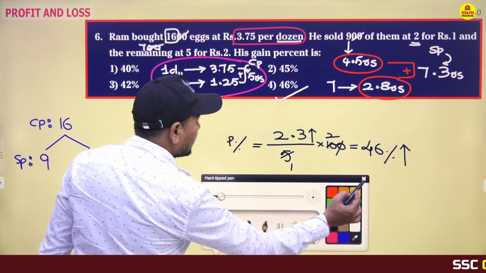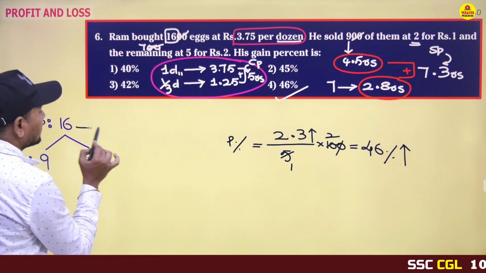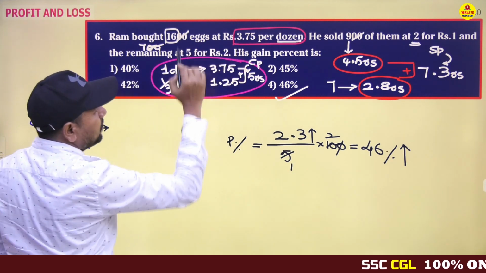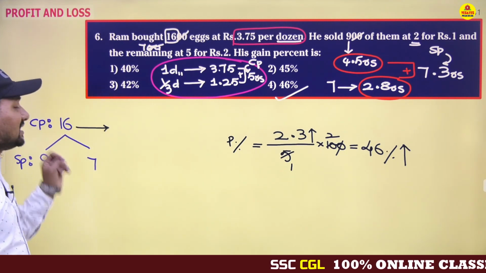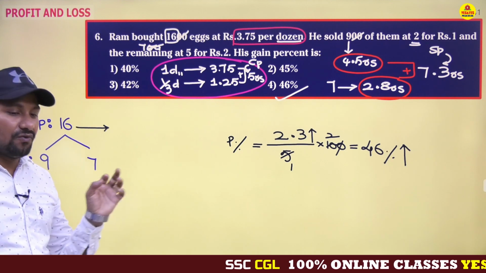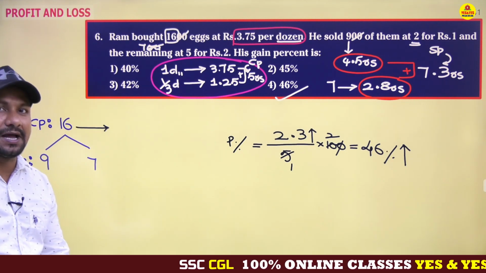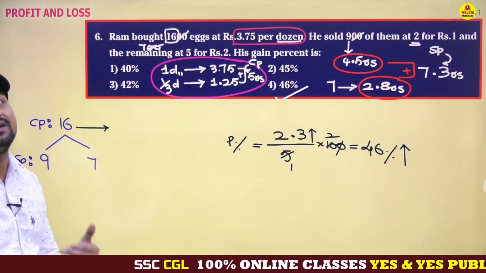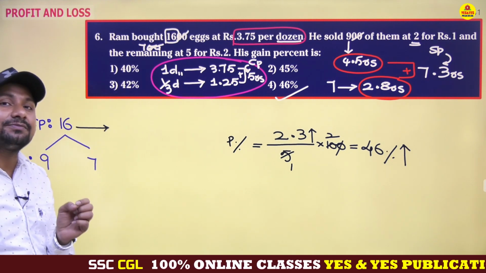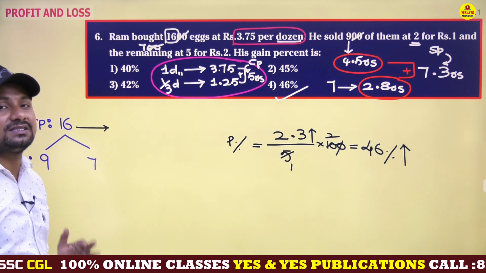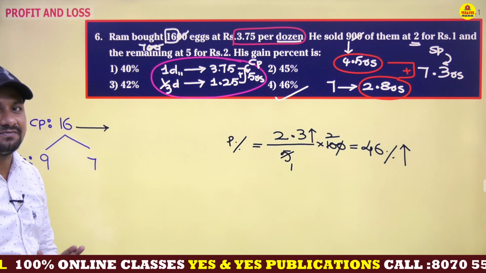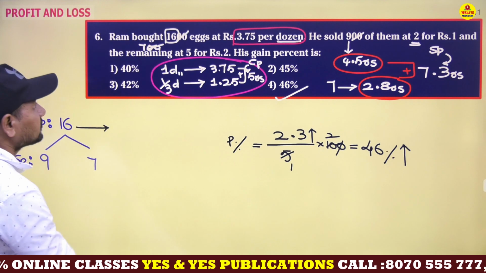What is the purchasing worth value of this 16x? Each dozen is 3.75. Then 16x means how many dozens? 1 dozen plus 4x extra. 4x means nothing but 1/3 of a dozen. So 1 dozen plus 1/3 of a dozen means 4/3 dozen.